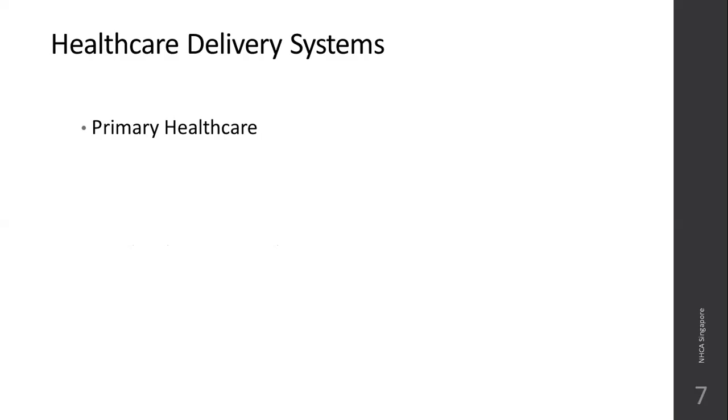Then primary healthcare delivery systems. How does the government ensure that health care in different formats is being delivered to the population? So there are three main routes for it. One is your primary health care.